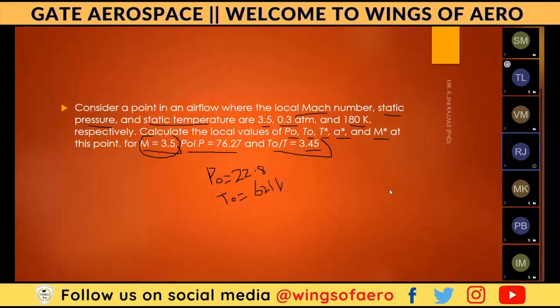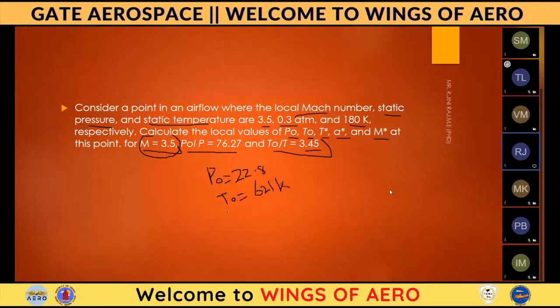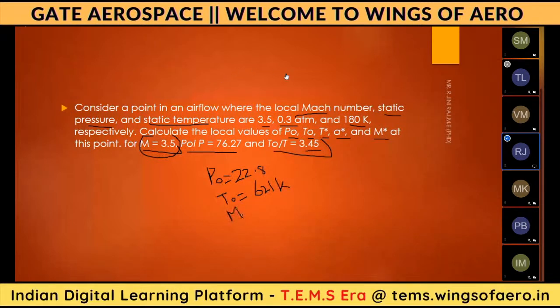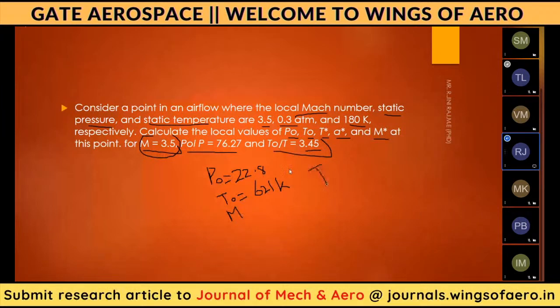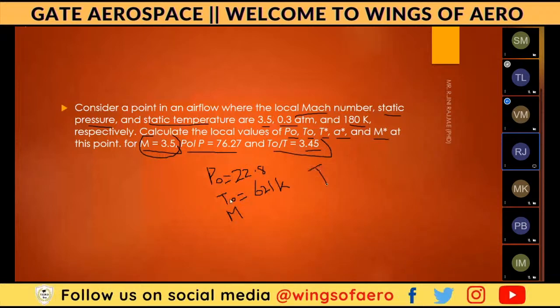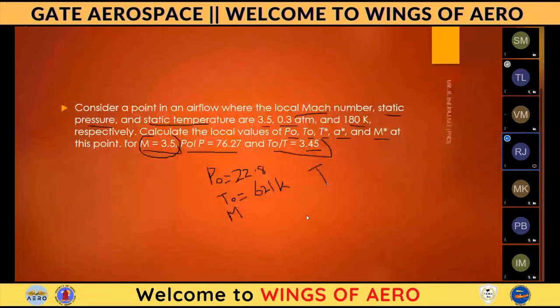And M star 12.25. What? M star? 12.25, sir. So T star value I'm getting 887 Kelvin, sir. No. What are you getting? 517.5.